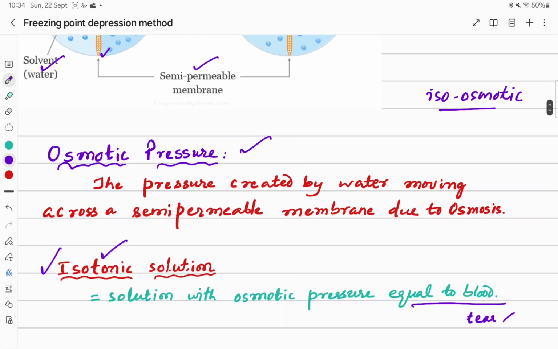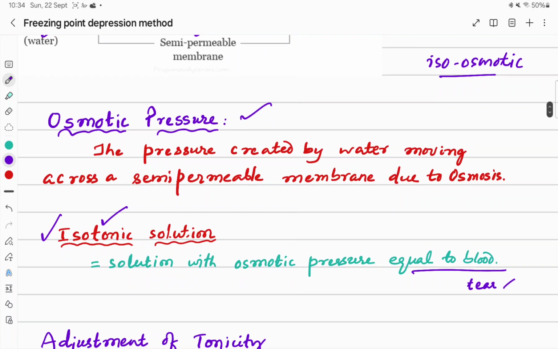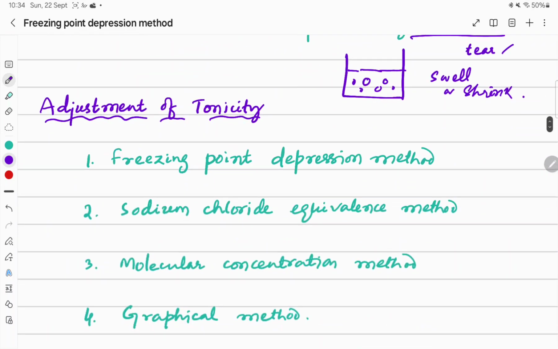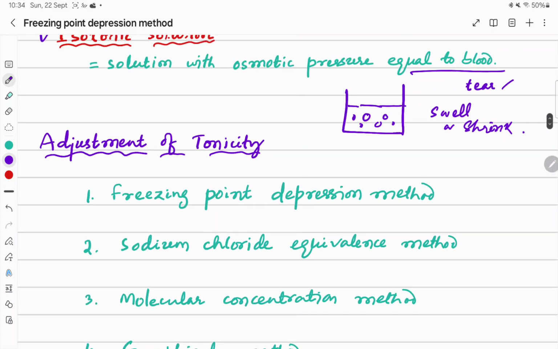Suppose we want to add a solution to the blood, that means if the osmotic pressure is not same as that of the blood, then the cells present in the blood may either swell or shrink. So the cells may burst or they may shrink or die. So because of that, we need adjustment of tonicity.